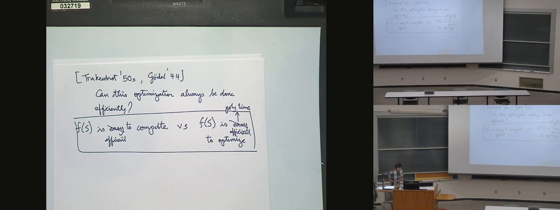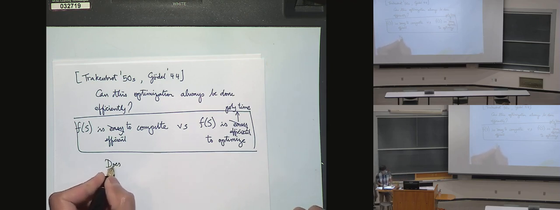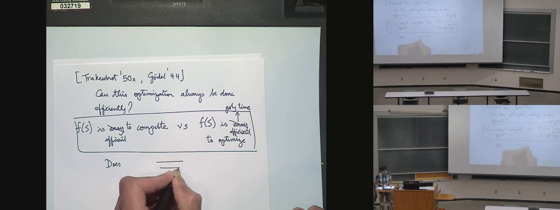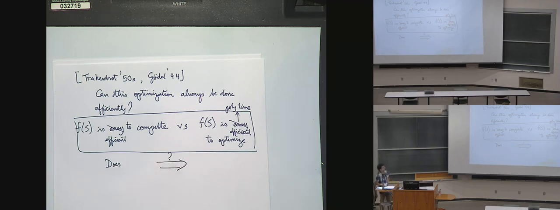And the question they were asking was, does this imply that? If you have a discrete optimization problem where it's efficient to compute, can you always optimize? And somehow that doesn't seem like it should be true. Just because something is, yeah?